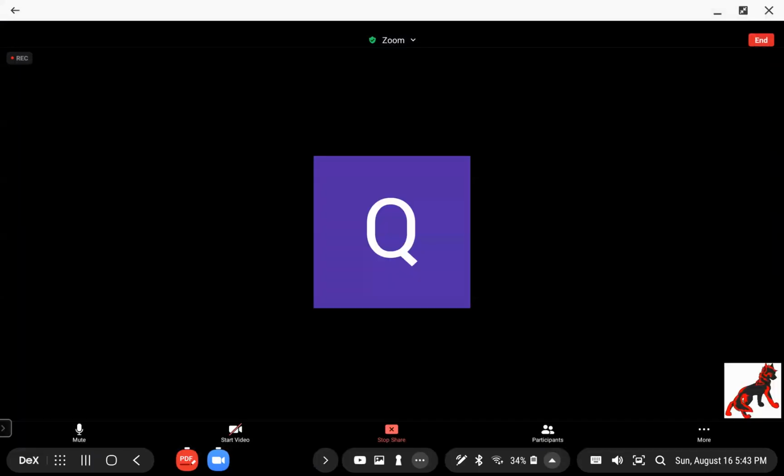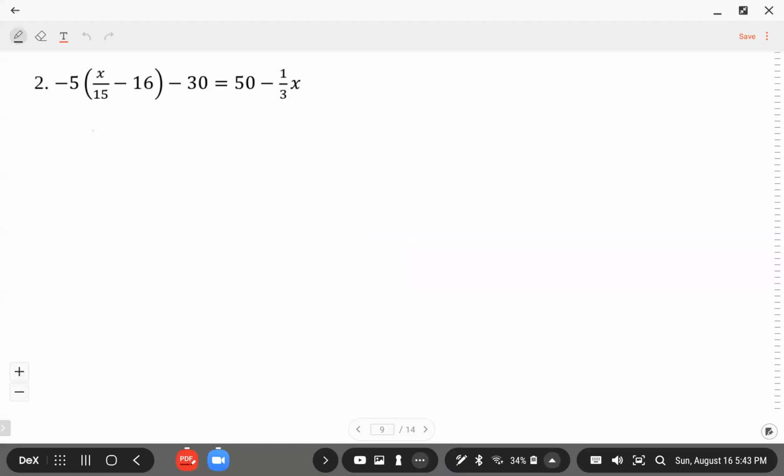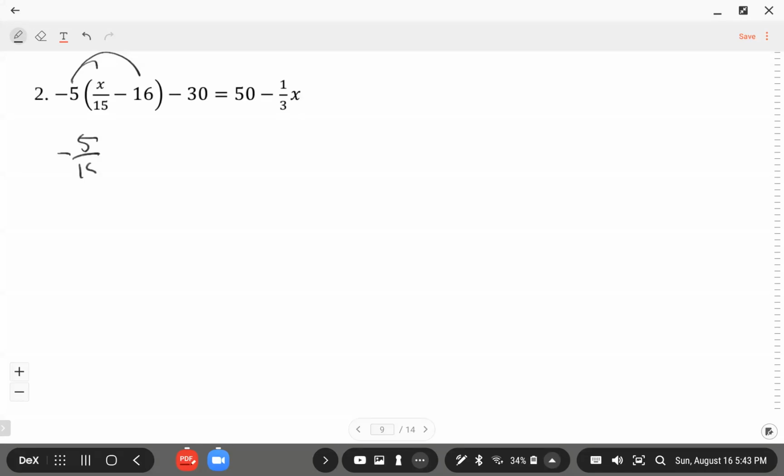So let me walk you through it now. Okay, so -5, remember, let's do this distributive property first. -5 times x divided by 15 would equal -5/15x. Okay, and then remember, we have a -5 multiplied by negative 16.